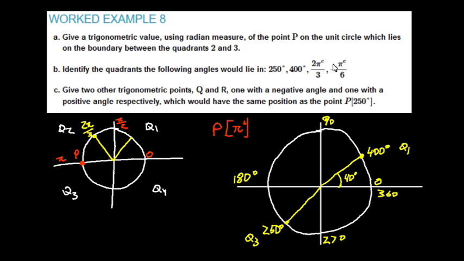The last one is minus pi on 6. If you remember, we've got a minus angle, which means we're going to go backwards. And we've got pi on 6, which is just 1/6 of an angle. So that'll be in quadrant 4.